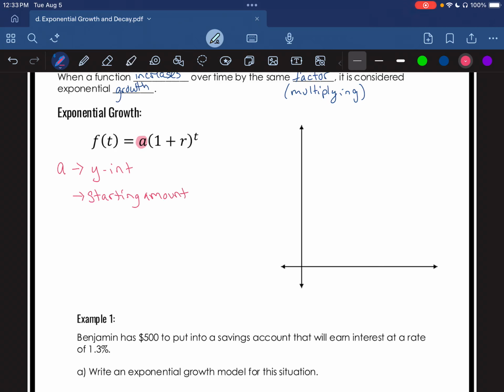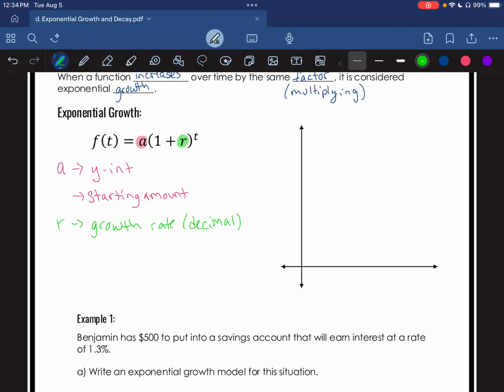All right, next we have r here. r is going to be our growth rate. And this is usually given to you as a percent, but you'll need to convert it to a decimal to be able to use the formula.